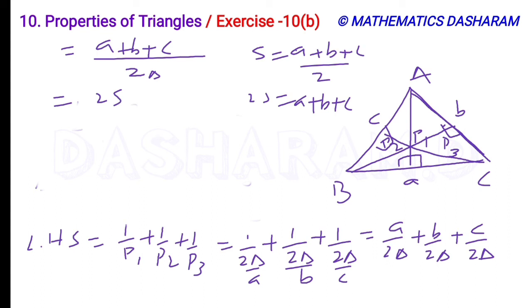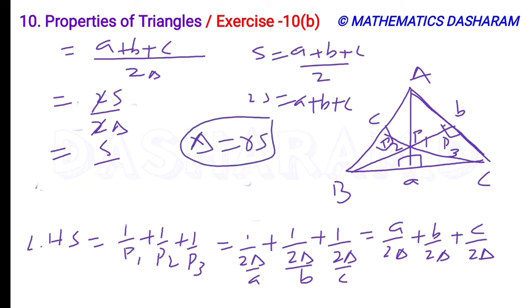So 2s divided by 2 delta, the 2 cancels, giving s by delta. The formula is delta equals r into s, where r is the inradius. So r into s cancels, and it equals 1 by r. So our required answer is 1 by r.